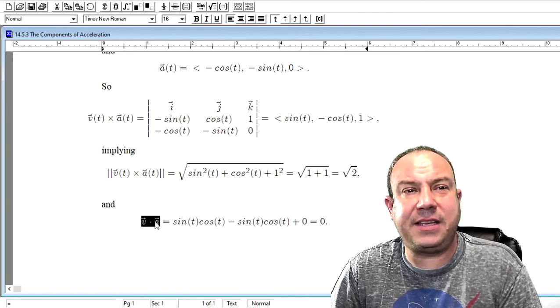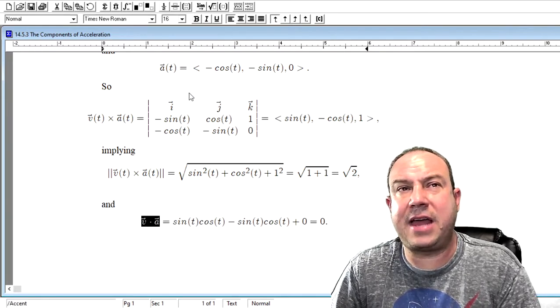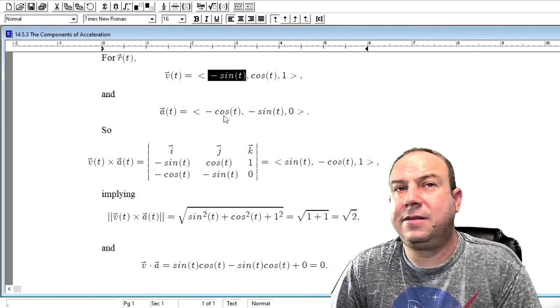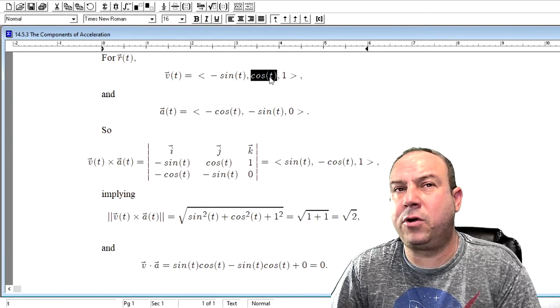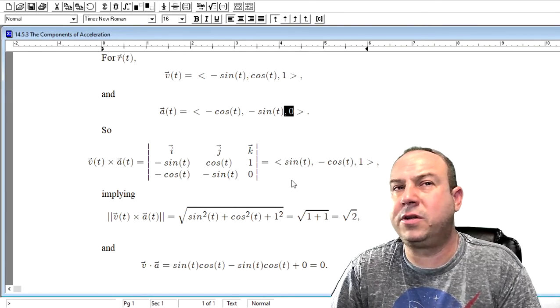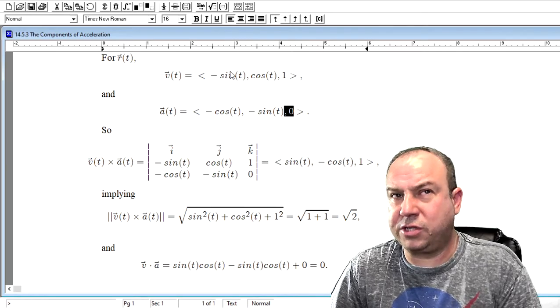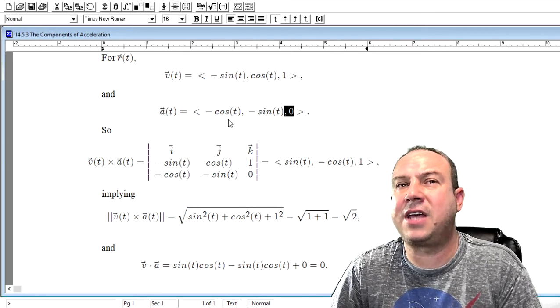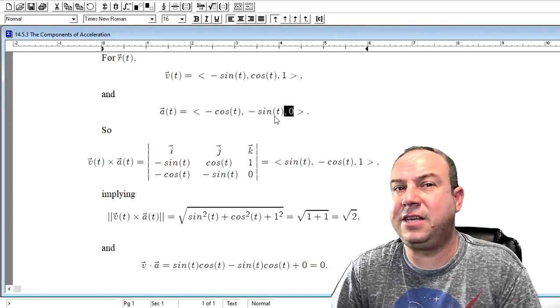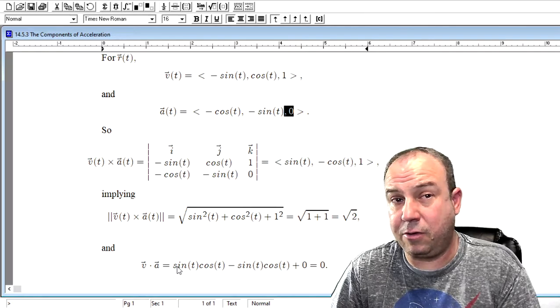And if we look at the dot product of these two vectors, if you remember, it is the first component times the first component plus the second times the second plus the third times the third, which gives you positive sine t cosine t plus negative sine t cosine t, plus 0, which all simplifies to 0.